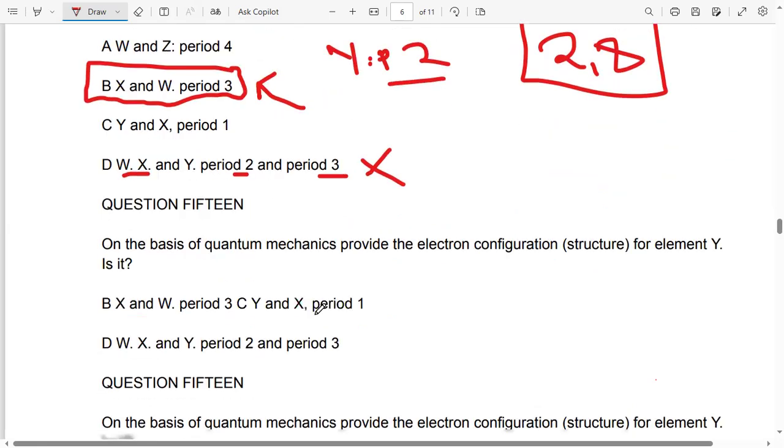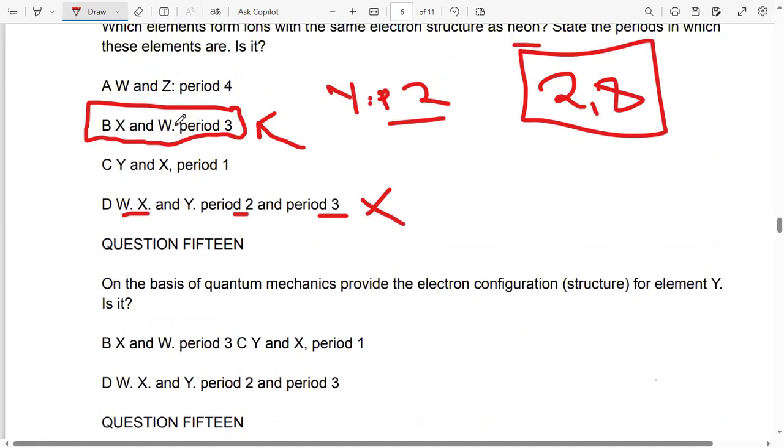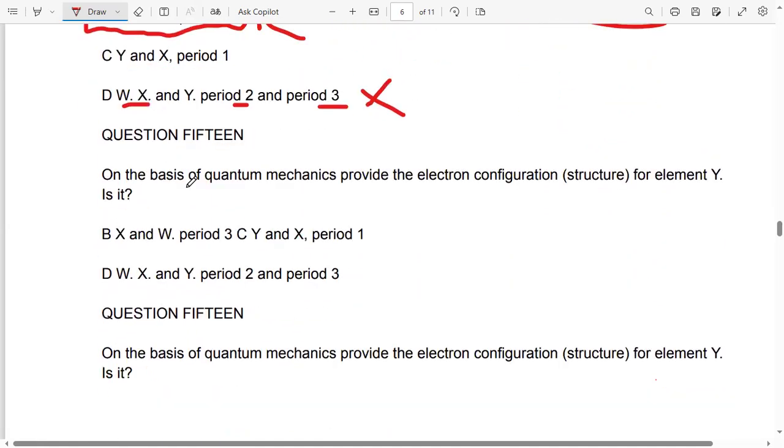All right, that was the last question, in fact. So now we go to question number 15. Oh no, we are still on that table.